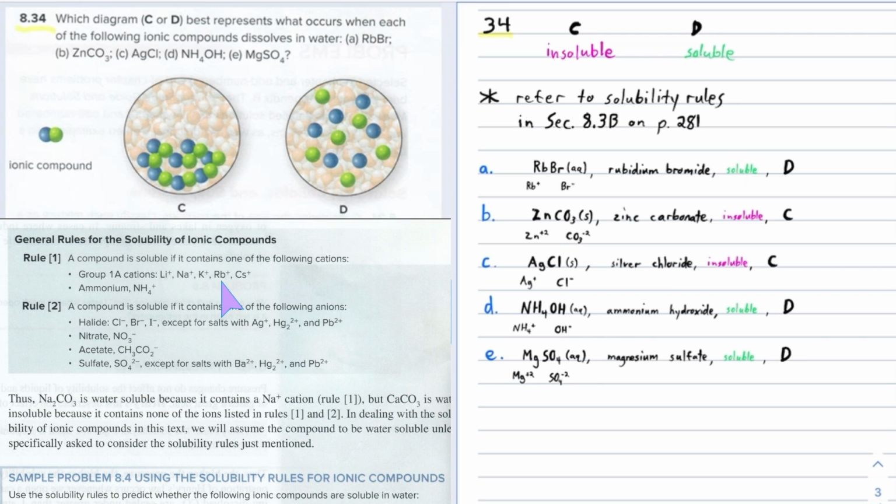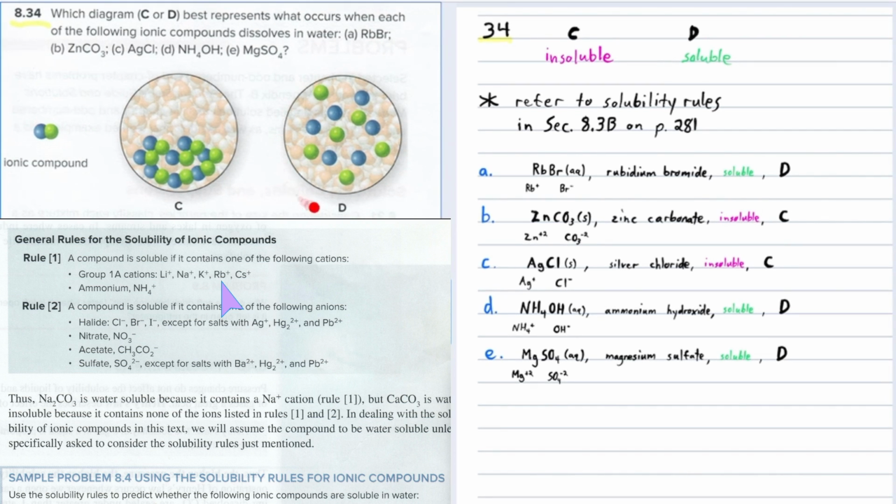So rubidium bromide is made of these ions, rubidium plus and bromide minus, and because it contains rubidium, it is soluble, therefore it would look like solution D. I would call this mixture C and this solution D.